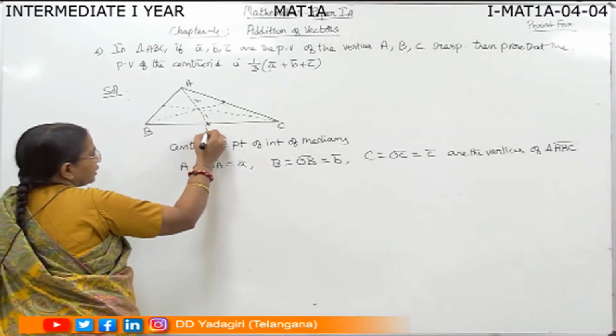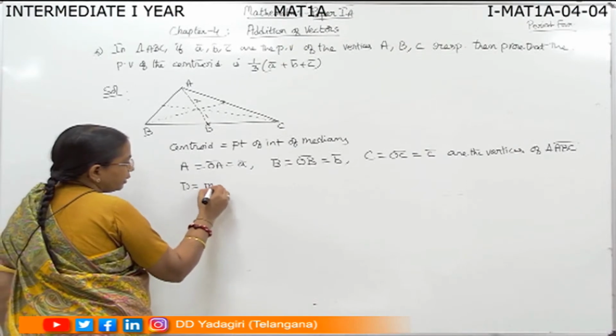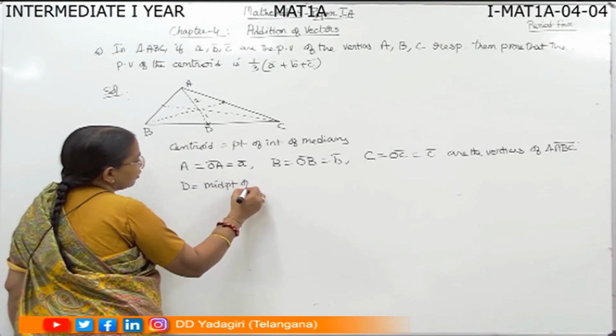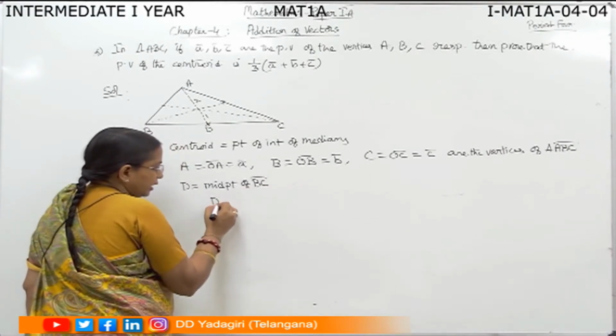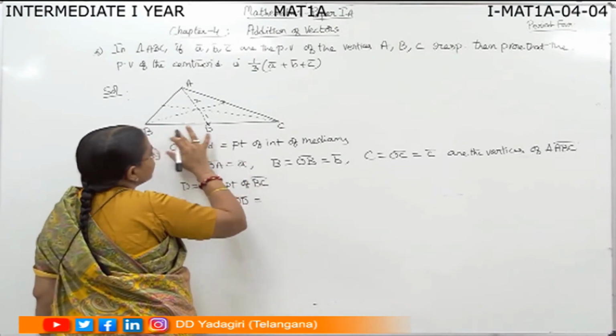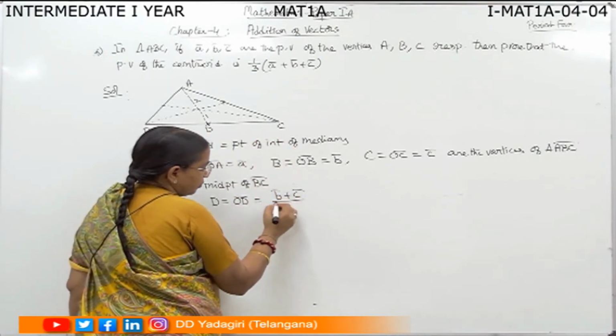Suppose that D is the midpoint, we can write as OD. So the midpoint is given by the formula B plus C by 2.